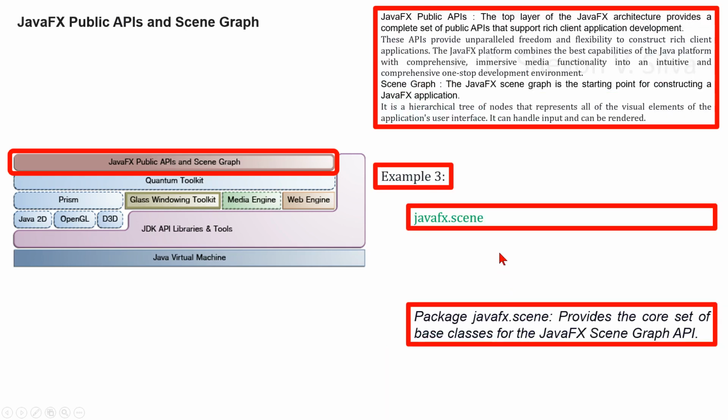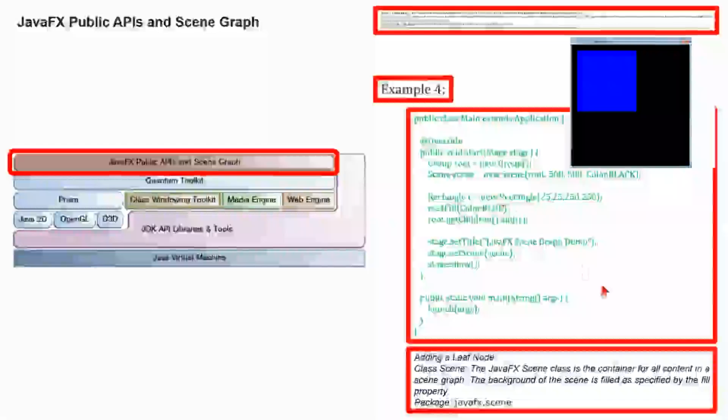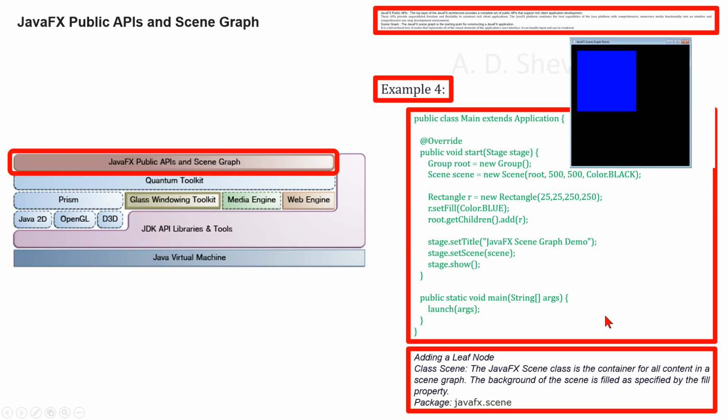As an example 3, we can consider the javafx.scene package. It provides the core set of base classes for the JavaFX scene graph API. As an example 4, we can consider adding a leaf node.